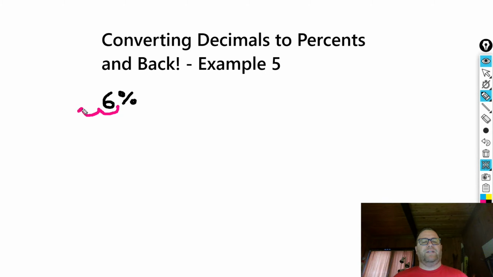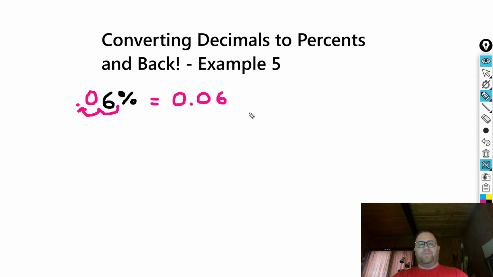And you may be thinking, if I put my decimal point here, what do I have to put here? Well, I have to put a 0 here. So 6% is going to equal 0.06 as a decimal. Hopefully you got that one.